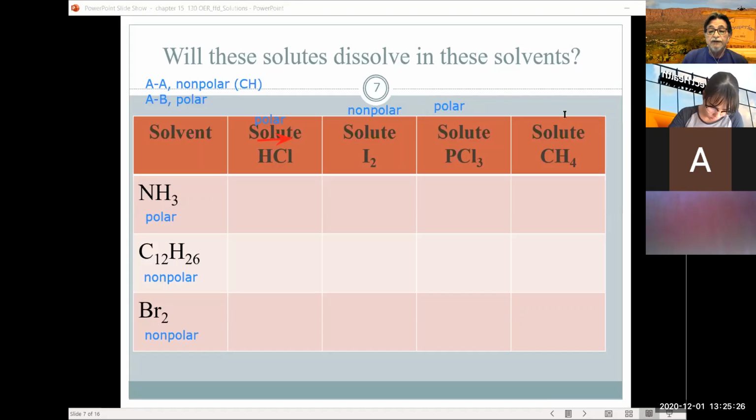And then why would CH4 be nonpolar again? Because it's a hydrocarbon, and they have nothing but nonpolar bonds. Okay. All right.